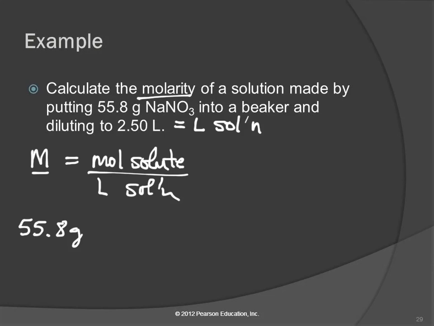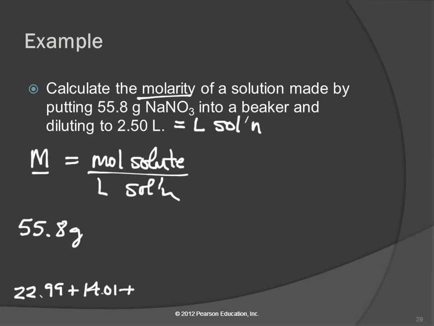If you remember, I told you we would be using molar masses a lot. Was I right? Yeah, that's just one of those standby things that we do all the time. So, calculating the molar mass from this formula: 1 sodium, 1 nitrogen, 3 oxygens. And it's just always a good idea to write it out. 22.99 for the sodium, 14.01 for the nitrogen.